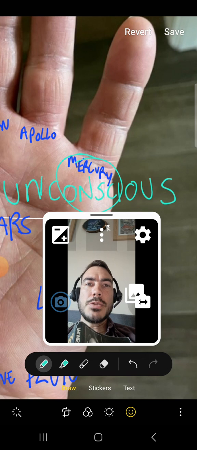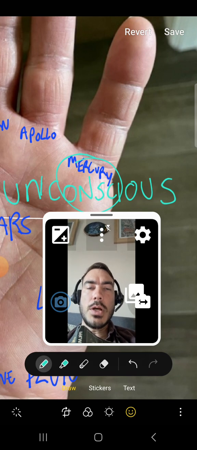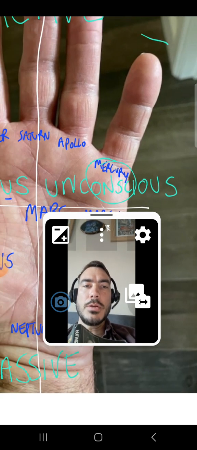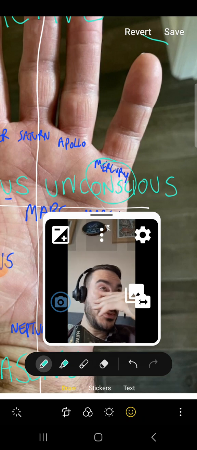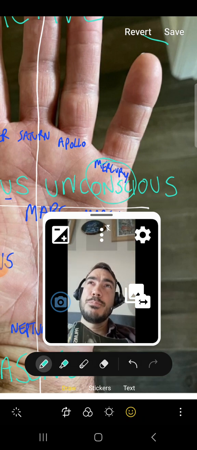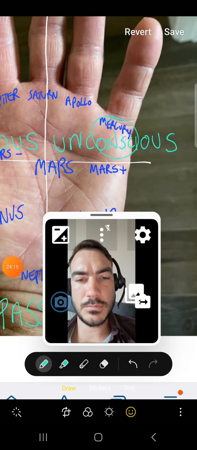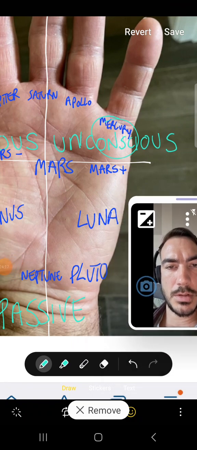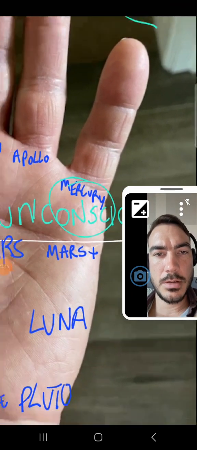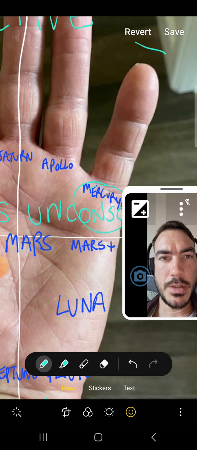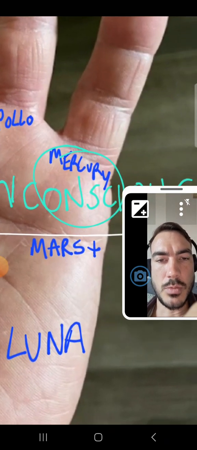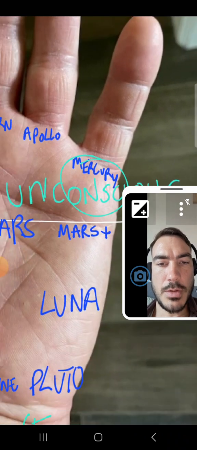Someone who has a long Mercury finger and a well-developed Mercury mount is someone who's able to keep this hunch in check. So everyone can learn from someone with a long Mercury finger and a well-developed Mercury mount.